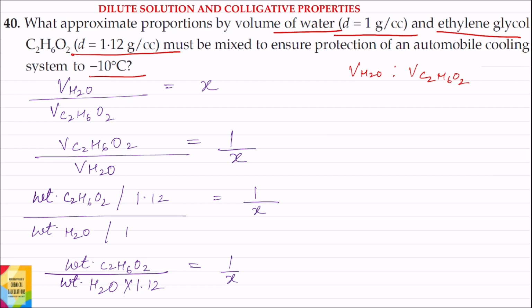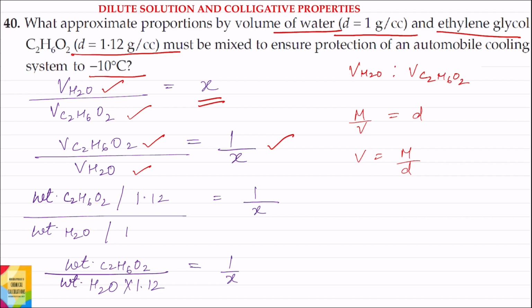Now let the volume of water divided by volume of ethylene glycol be equal to x. If we inverse it, then volume of ethylene glycol divided by volume of water will be equal to 1 by x. Now we know that mass by volume is equal to density. So volume is equal to mass by density.